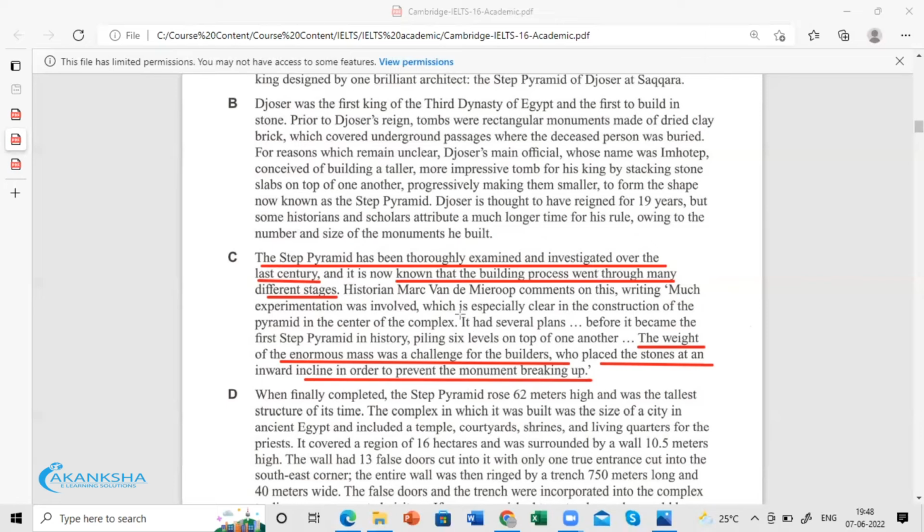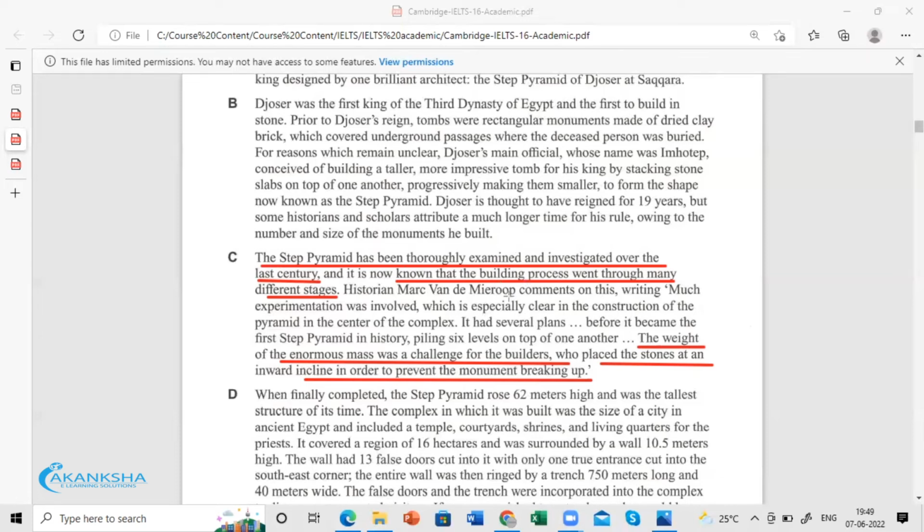First, they talk about step pyramid, examined, investigated over the last century. And now known that the building process went through many different stages. And in the third line also, much experimentation was involved. So much experimentation was involved, which means it has undergone a drastic change.